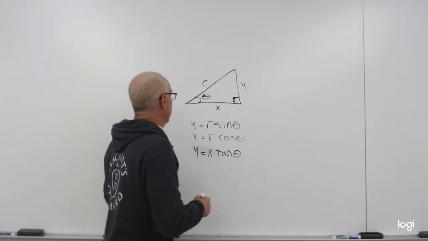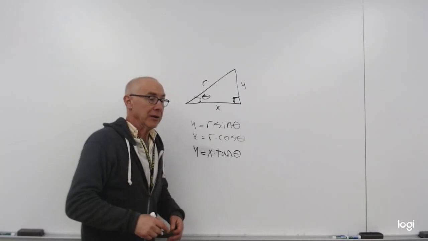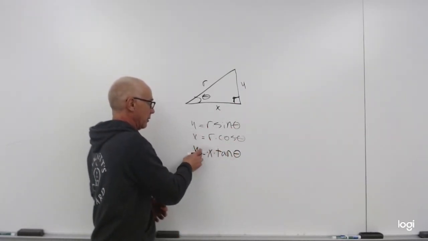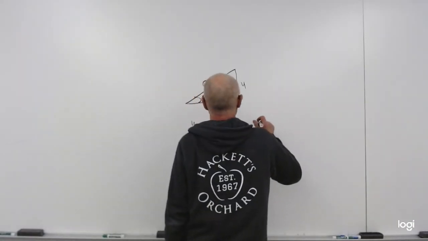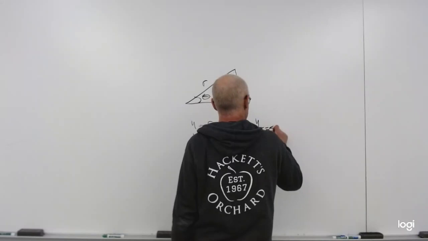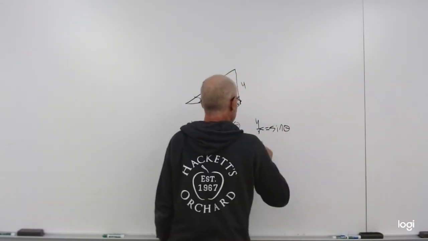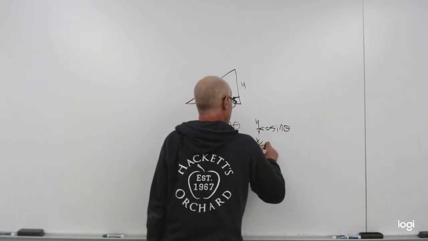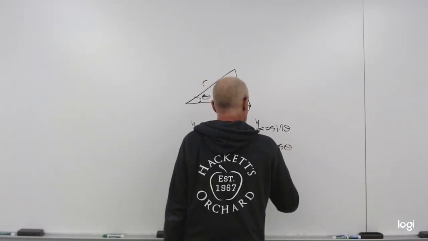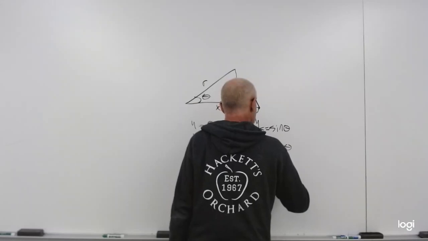So we're going to rewrite sine, cosine, tan as y over r, x over r, and y over x. So we know that y over r equals sine theta, x over r equals cos theta, and y over x equals tan theta.